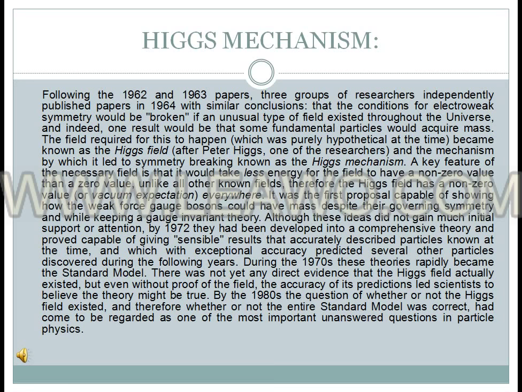There was not yet any direct evidence that the Higgs field actually existed, but even without proof of the field, the accuracy of its prediction led scientists to believe the theory might be true. By the end of the 1980s, the question of whether or not the Higgs field existed, and therefore whether or not the entire Standard Model was correct, had come to be regarded as one of the most important unanswered questions in particle physics.